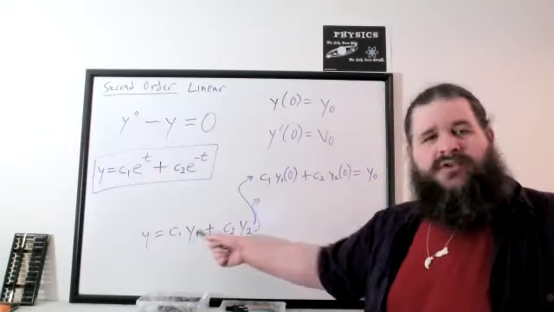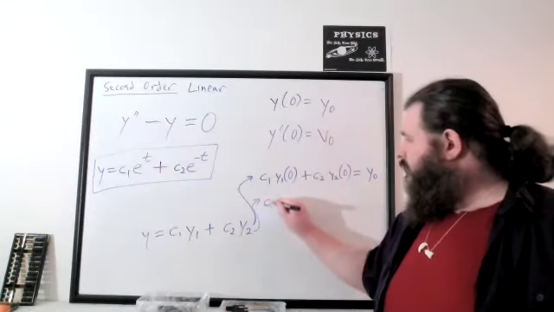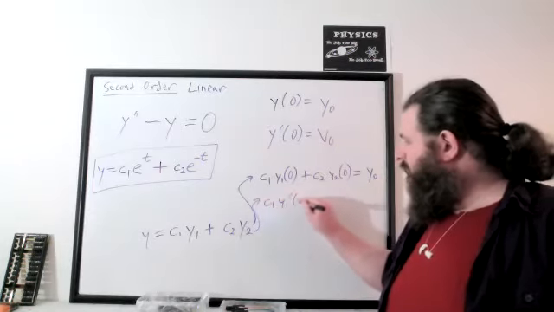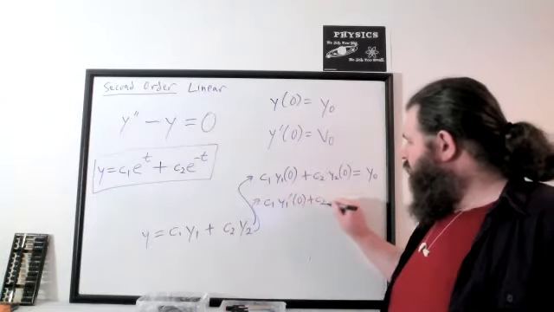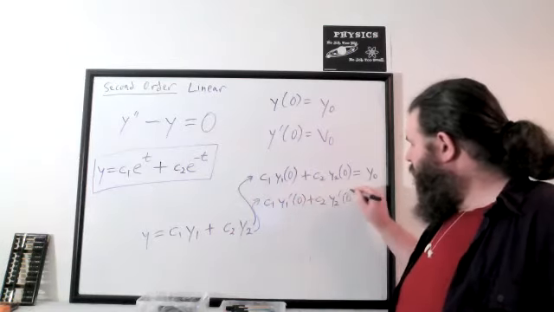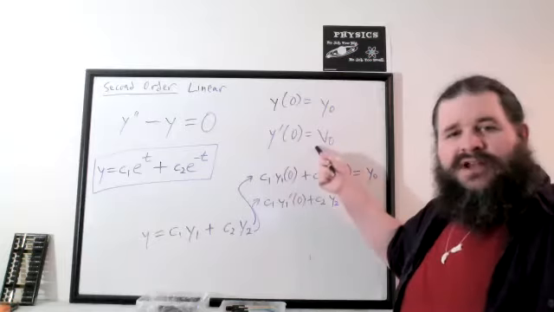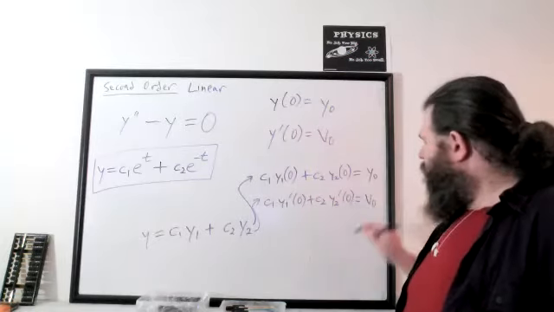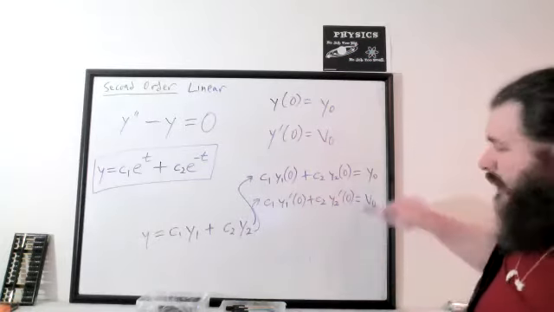But derivative distributes across addition, so you just get C1 y1 prime of 0 plus C2 y2 prime of 0 equals the initial velocity. That's now a system of two equations, two unknowns, so we should be able to use ideas from linear algebra to solve for C1 and C2. Any questions on that so far?